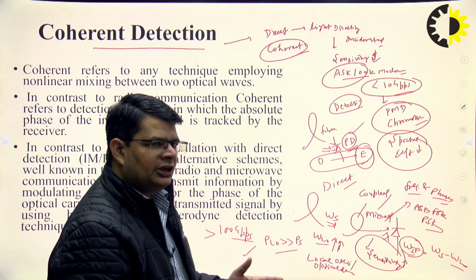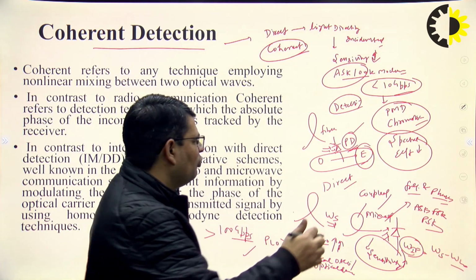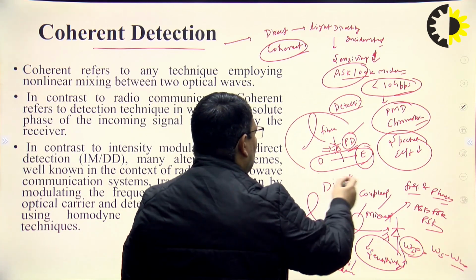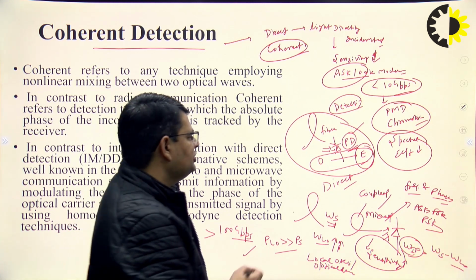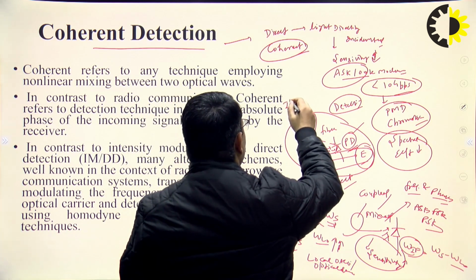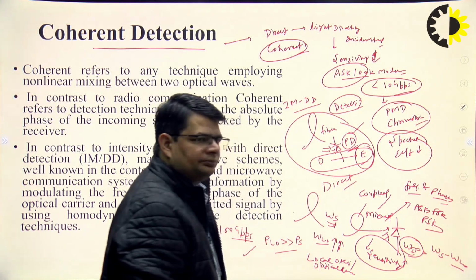So in summary, we can say that when the received optical signal is directly incident over the photodiode without any change, it is direct detection, or simply the principle known as IMDD, intensity modulation and direct detection.